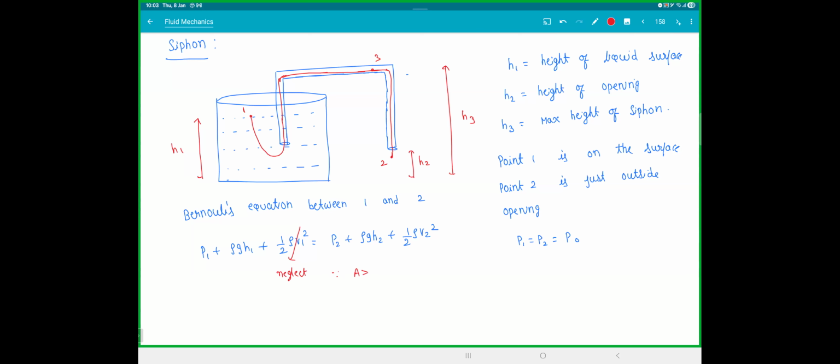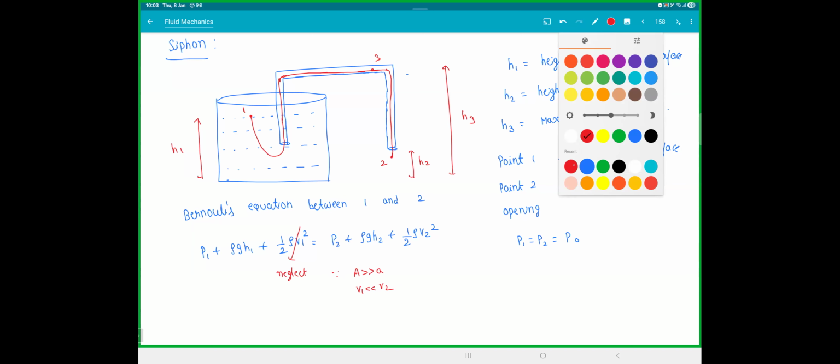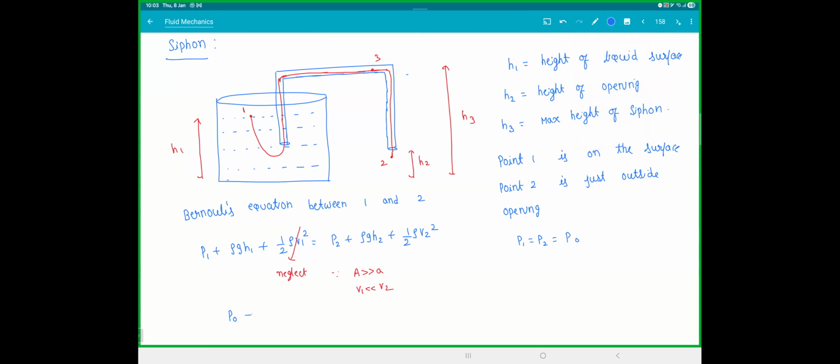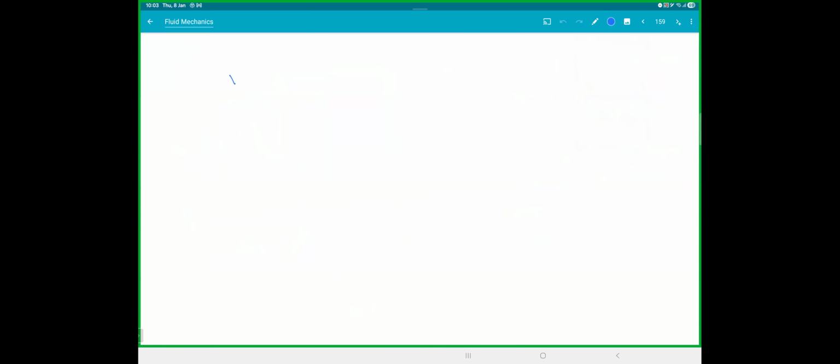Since A1 is much greater than A2, V1 will be much smaller than V2, so we can ignore that. When you solve this, you end up with V2 equal to root over 2g into (H1 minus H2).